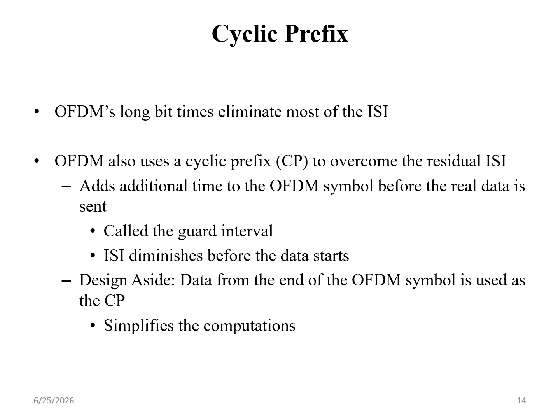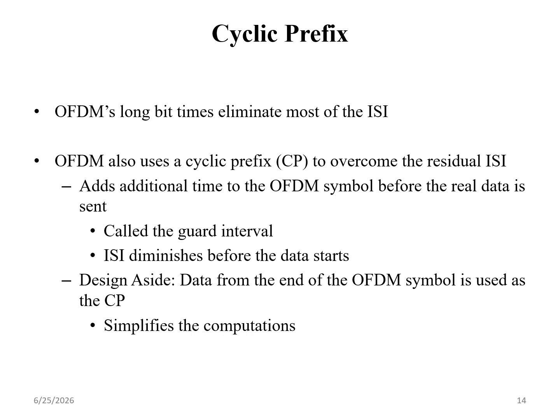It adds additional time to the OFDM symbol before the real data is sent. This is called a guard interval, where we diminish ISI before the data starts. So for this purpose, we add the cyclic prefix on the transmitter side. It adds additional time to the OFDM signal, with the help of a guard time or guard band, before we send the real data.